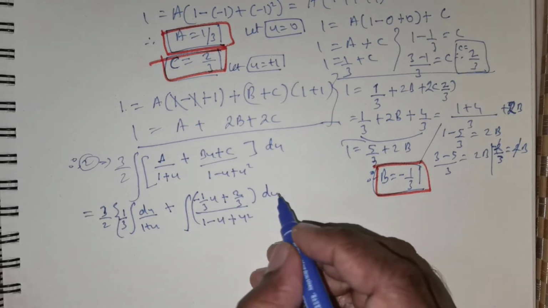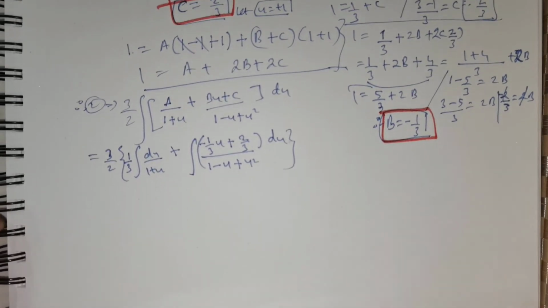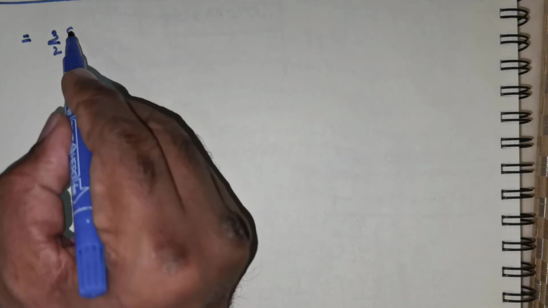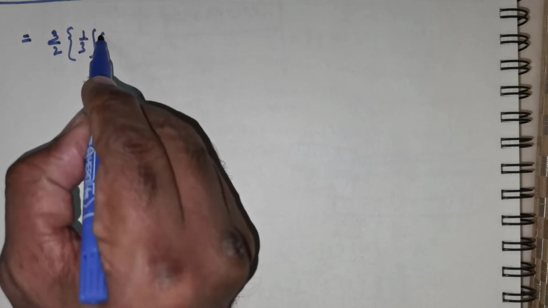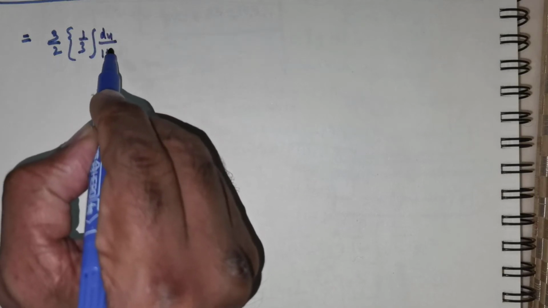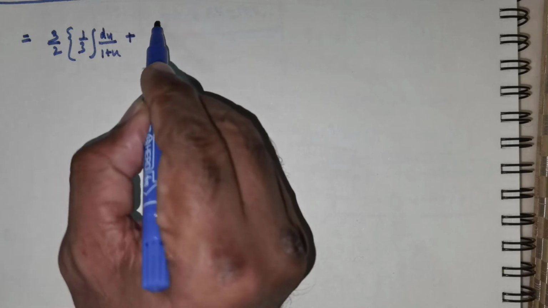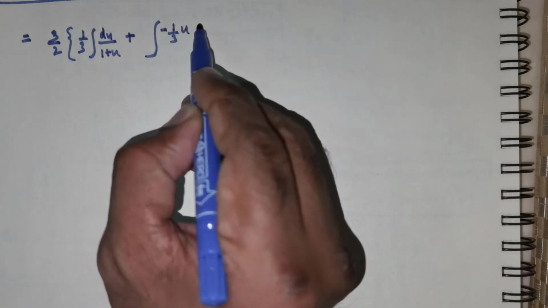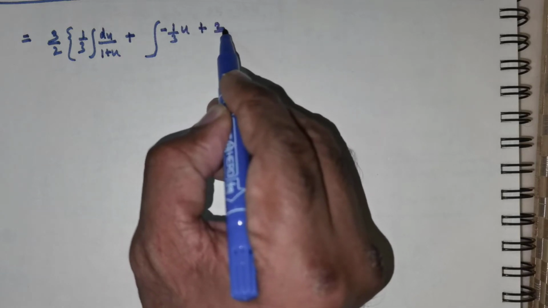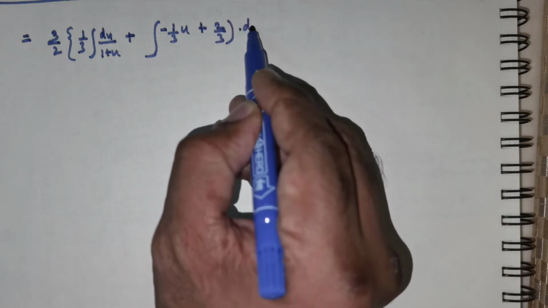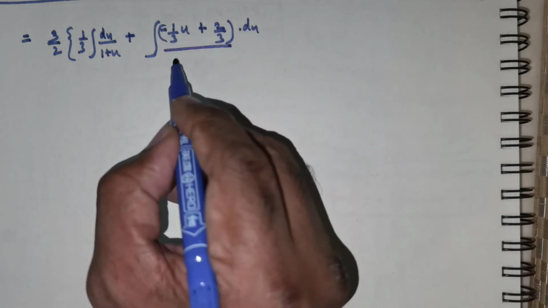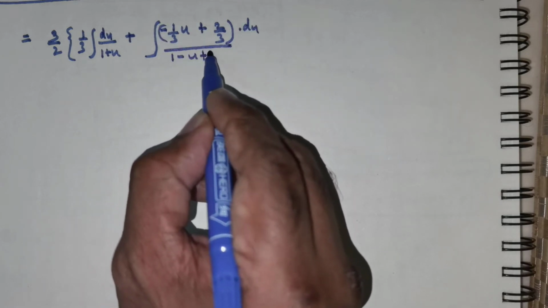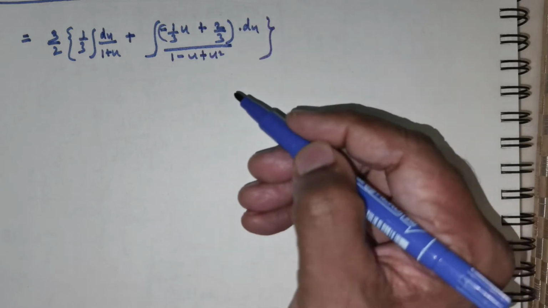So now we need to do some simplifications. So we have got 3 over 2 followed by 1 over 3 integral du over 1 positive u followed by a positive sign and integral negative 1 over 3 times u positive 2 over 3 times du divided by 1 negative u positive u squared. This is what we have got.